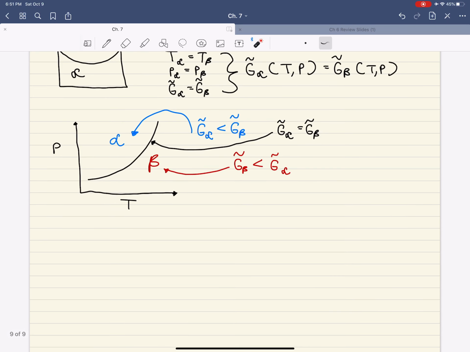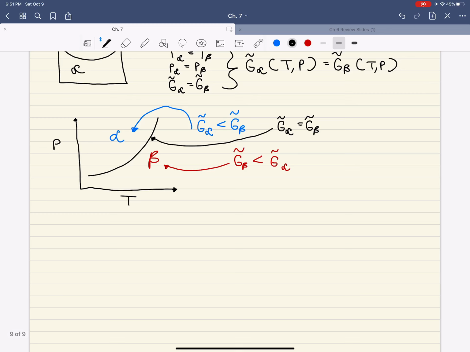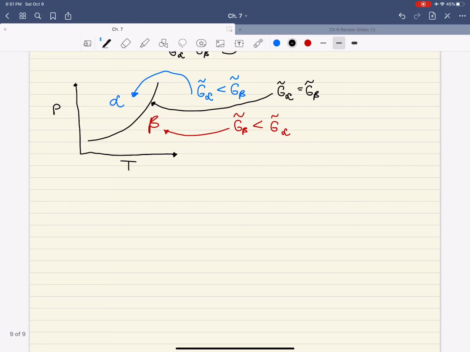But of course, we want to be able to quantify and predict the phase behavior of our chemical species. What that motivates us to do is to figure out how we can quantify and predict the values of G alpha and G beta.